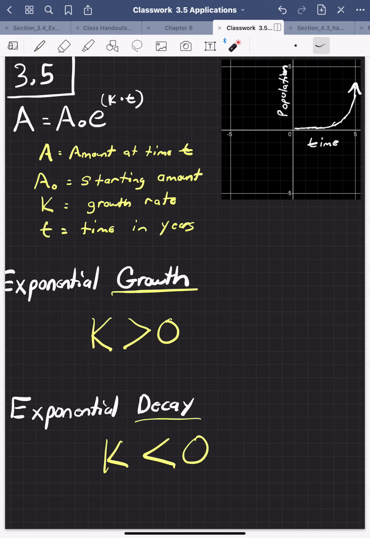Okay, a couple pieces of trivia. What you're looking at is a little plot I've done of world population over time.